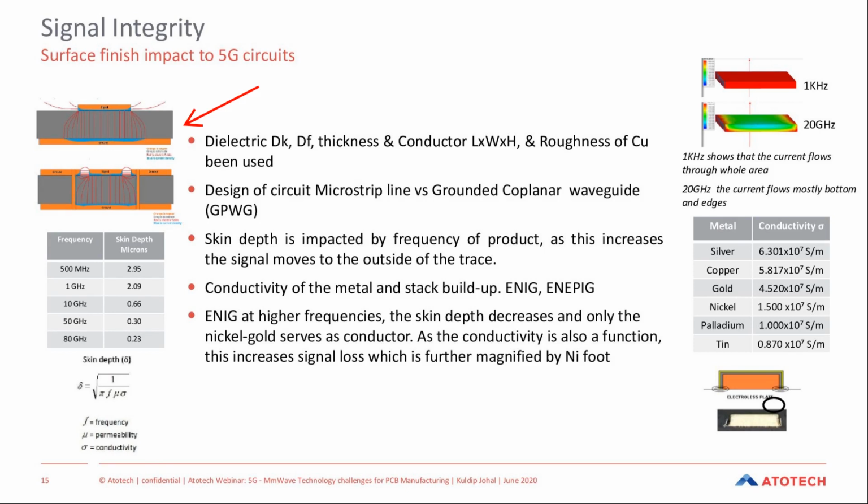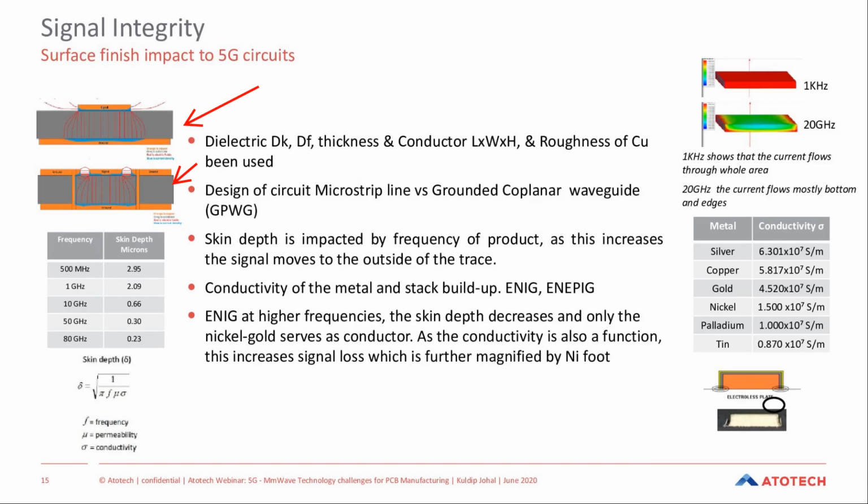We can see two types of circuits here. You have a microstrip line there, and then you have a grounded coplanar circuitry. And you've got your transmission lines between signal and ground. And you can clearly see that based on the thickness of your dielectric, you will have some potential interference between your signal trace and your ground trace.